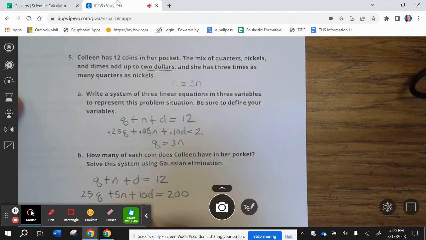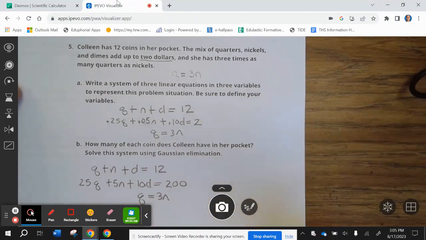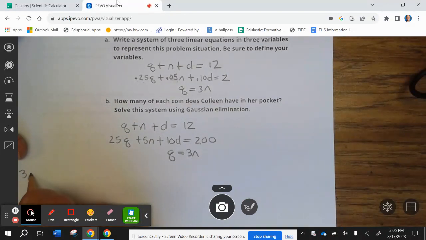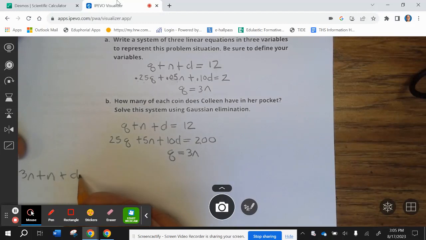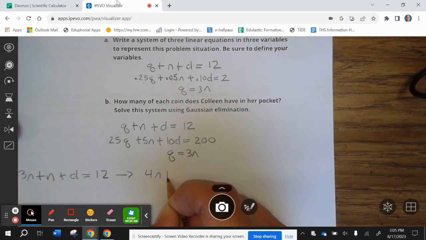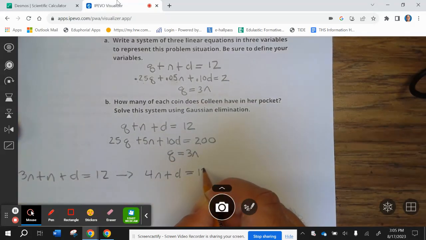And then Q equals 3N. Now we're going to plug this in for the Q's. So then that's 3N plus N plus D equals 12, and that becomes 4N plus D equals 12.